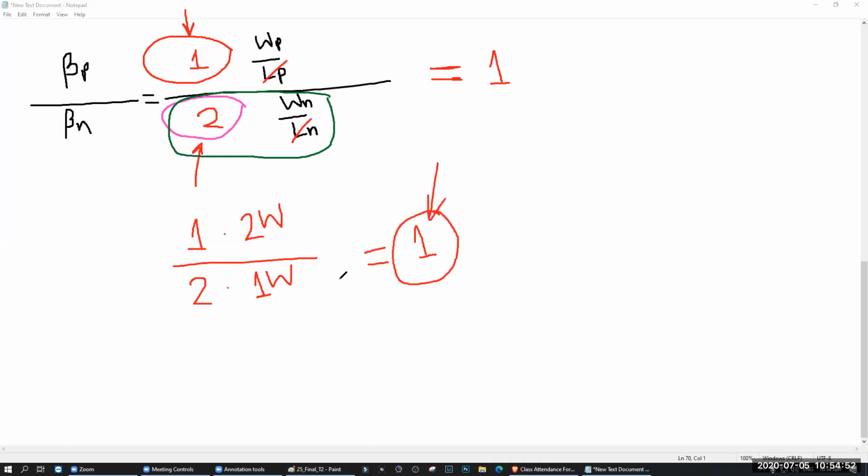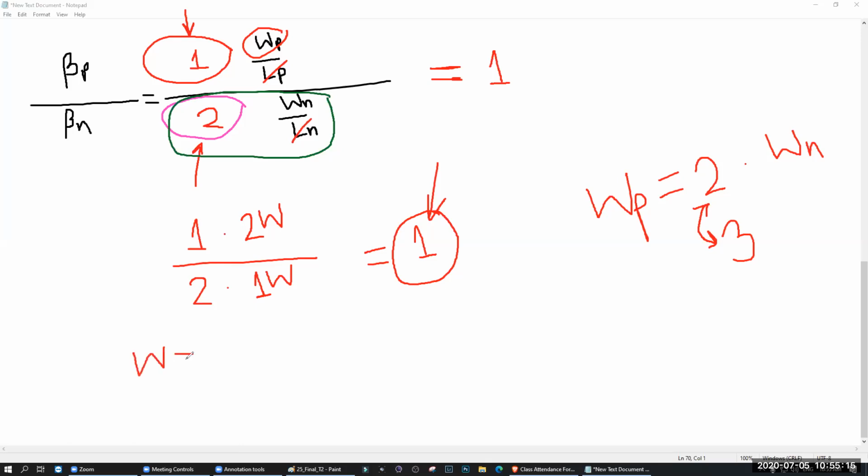Understood? This is why your WP is twice the WN or thrice. I told you 2 to 3 times, right? So your WP will be 2 to 3 times your WN. Make sense?